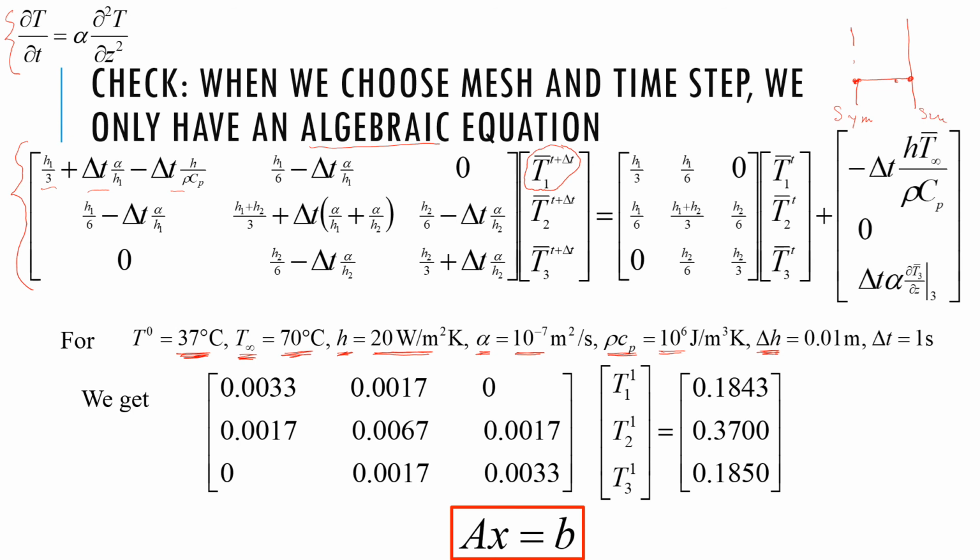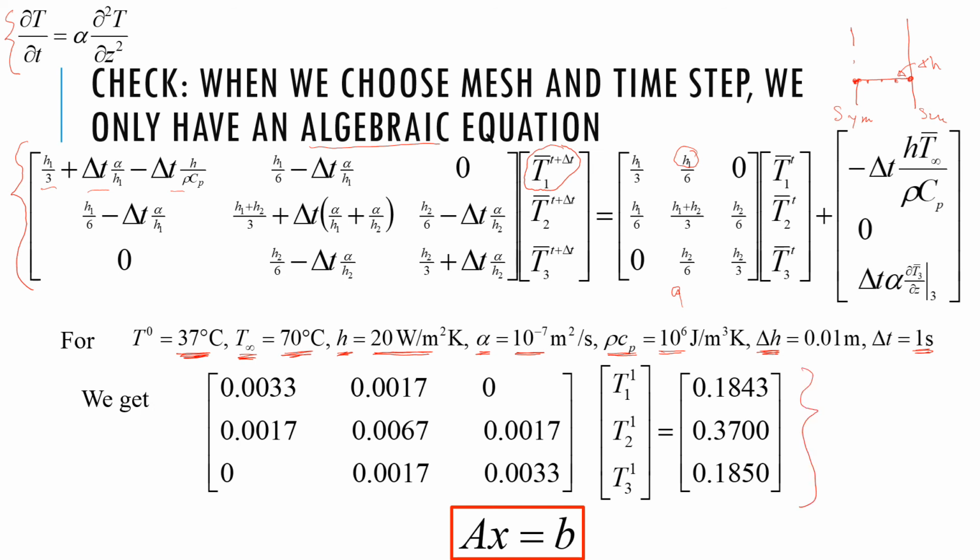We're dividing it into a number of nodes. So delta h is the size of the element, which is the same as this h1. So we choose that, and we choose a 1 second time increment. If we choose all this, then we plug in all of these values, then it looks like this.